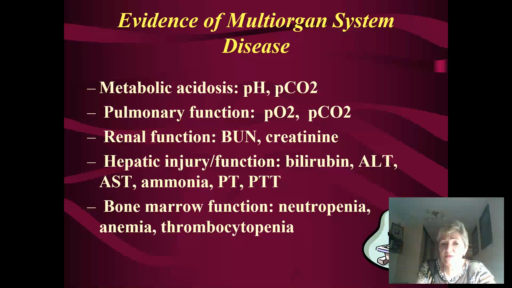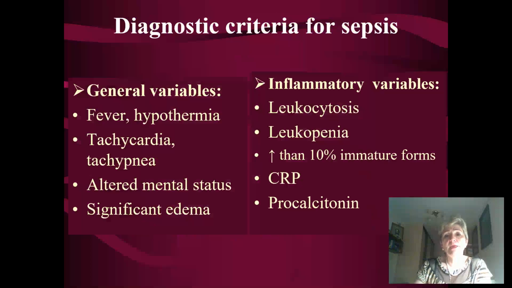When you reveal signs that indicate hepatic injury, increased bilirubin, increased enzymes, ammonia, and PT, prothrombin time. Bone marrow function, neutropenia, anemia, or thrombocytopenia.